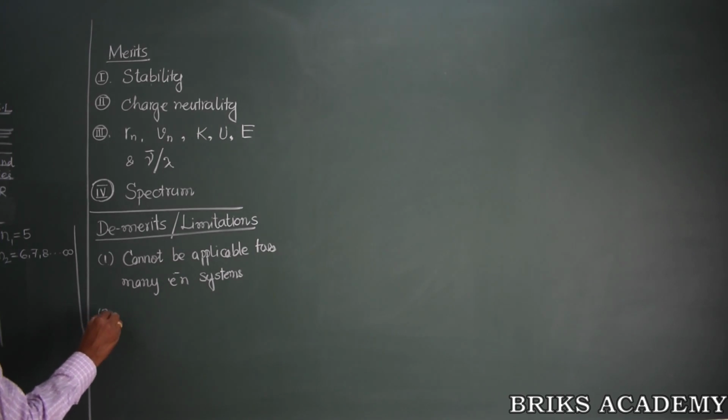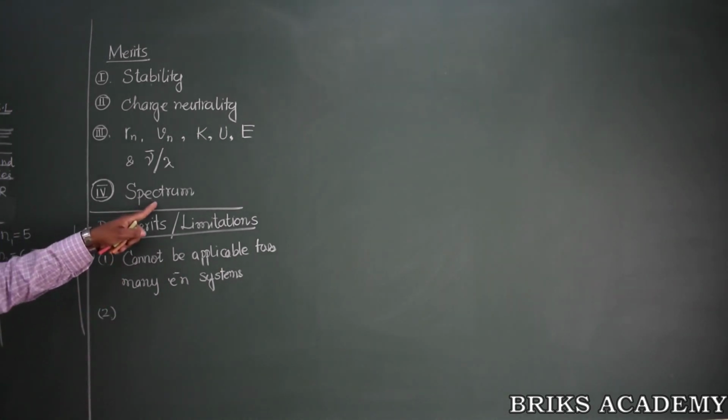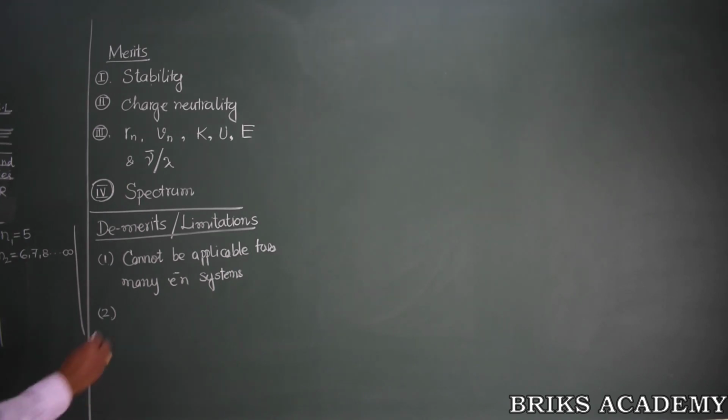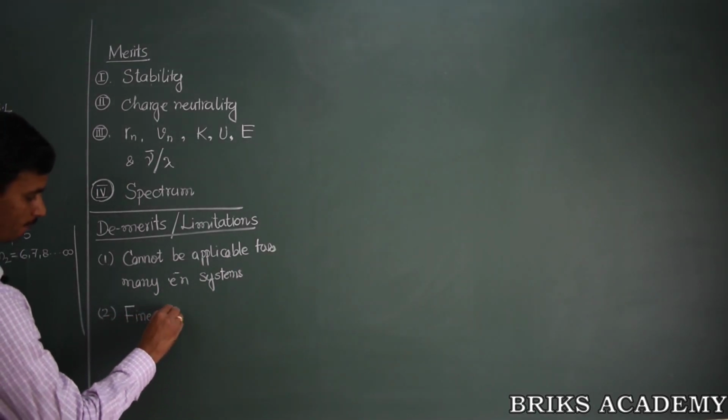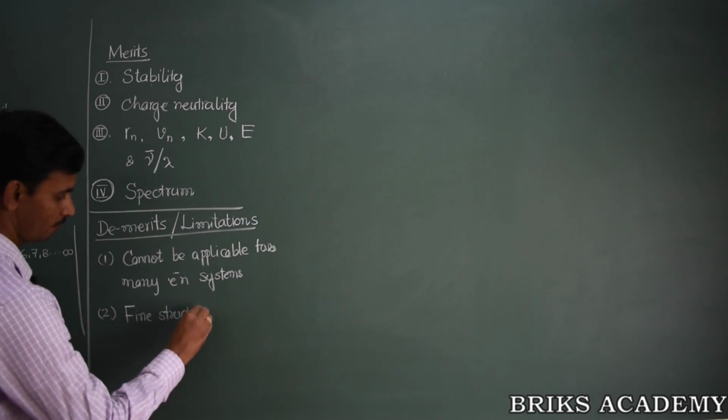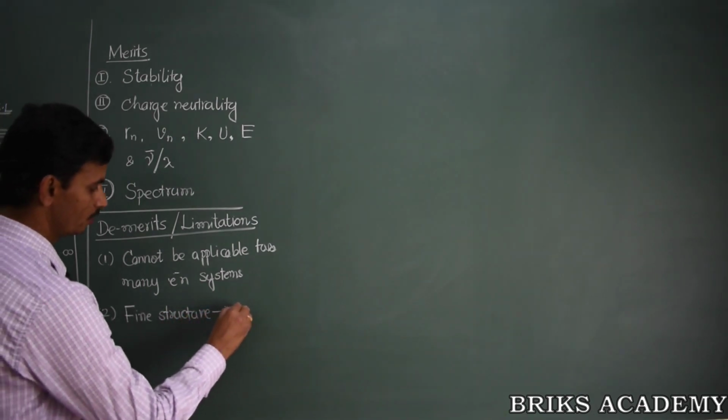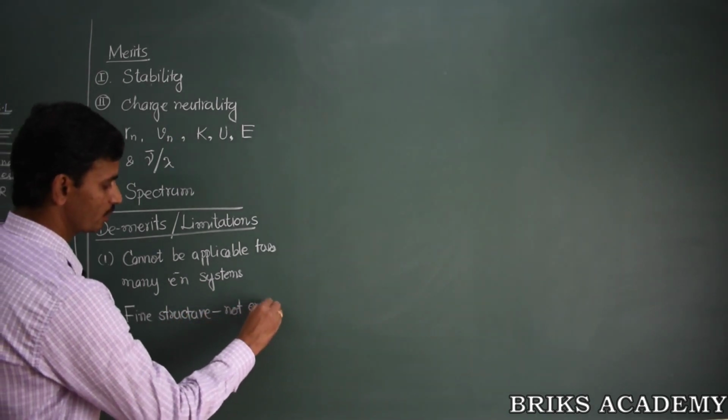Failure number 2, or limitation number 2. Even though Bohr's theory explains the hydrogen spectrum, the spectral lines were explained, but the fine structure of the spectral lines was not explained. Fine structure is not explained. What is a fine structure then?